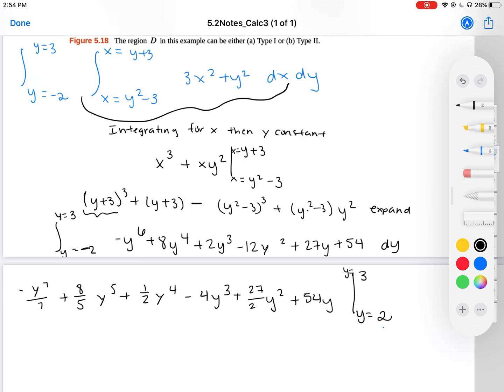Now remember, we integrated for y, so our x was a constant, but we don't have any more x's, so that worked out. So once we evaluate for 3 and negative 2, we should end up with 2,375 over 2.